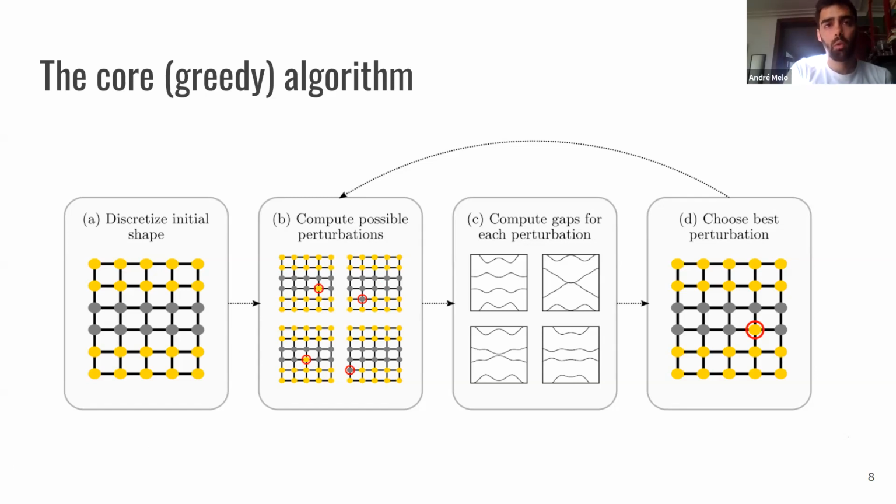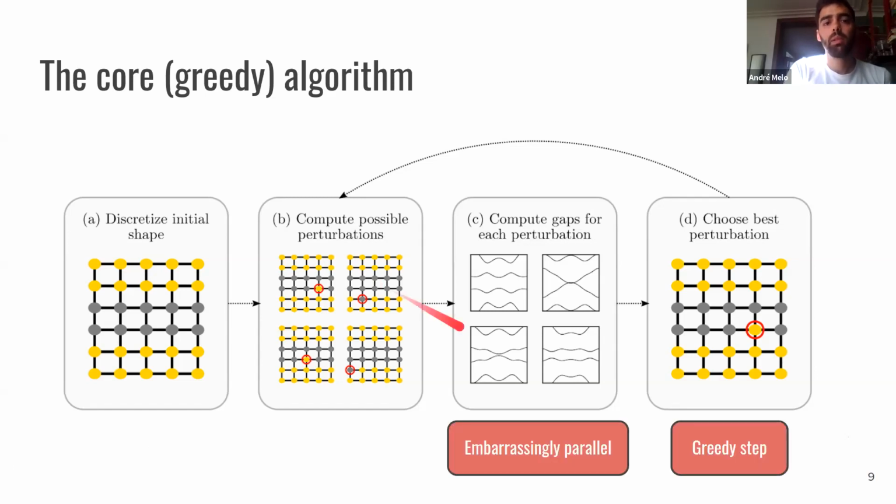There are 2 features that I want to highlight here, namely that the most computationally expensive step is by far to compute the gaps for each perturbation. But the good news is that this is completely parallelizable, meaning that each perturbation is independent, so we can just compute the gaps in parallel.